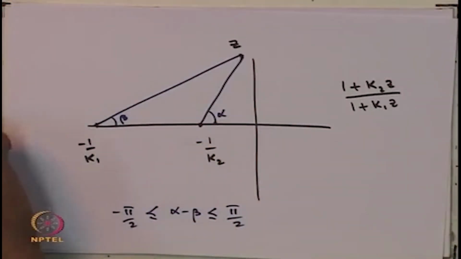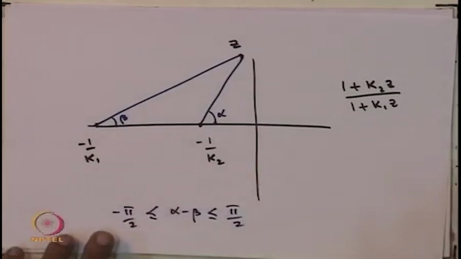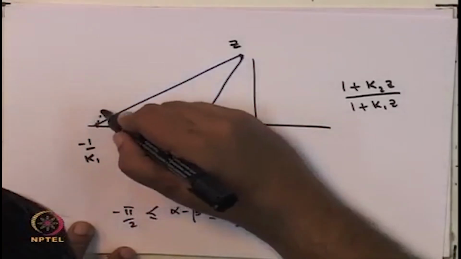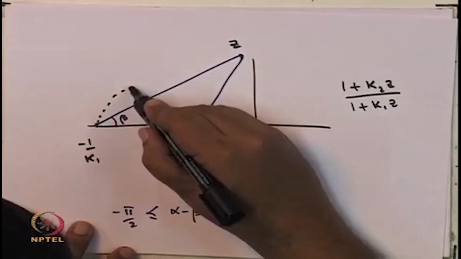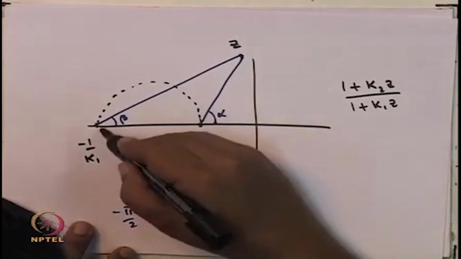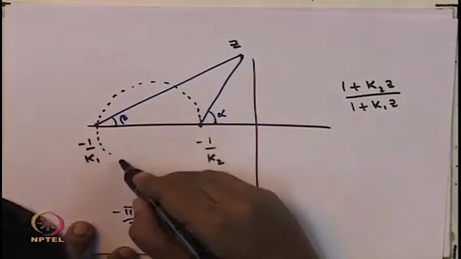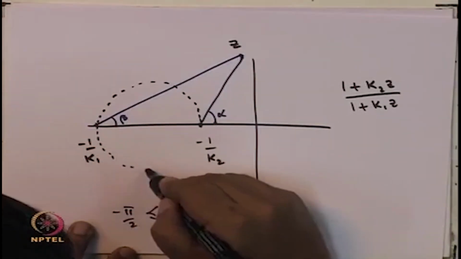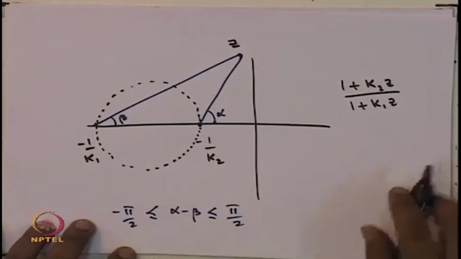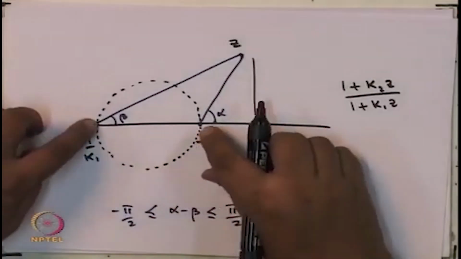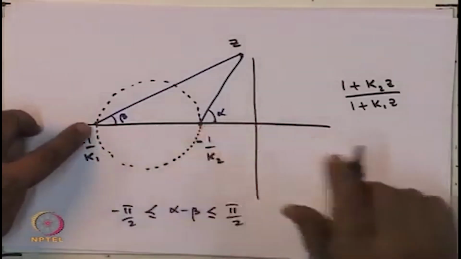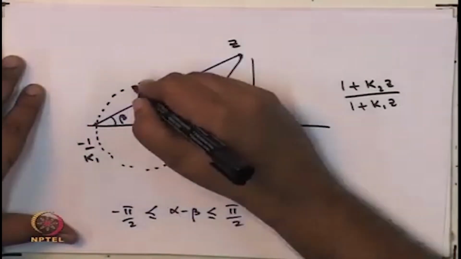Now, if you recall high school geometry, you might remember that if you have a circle, okay, this might not really look like a circle, but let us assume this is a circle. This is a circle whose diameter is this distance between minus 1 by k 1 and minus 1 by k 2.